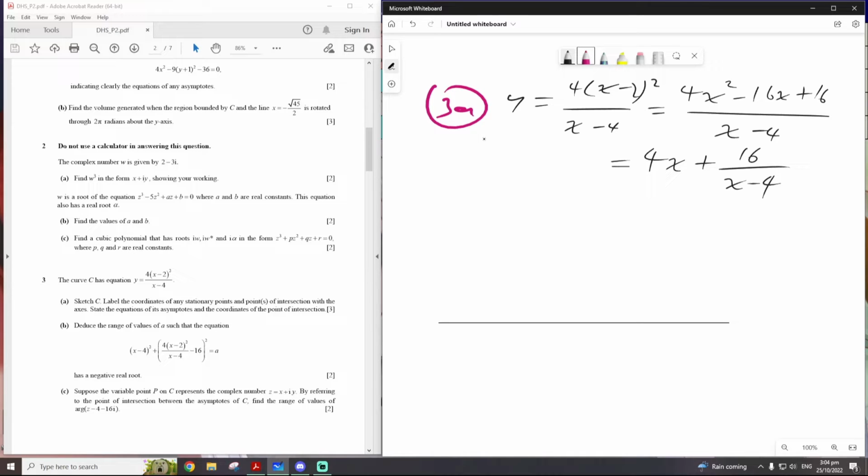So we're going to center the graph about x equals 4, but we're going to use a 2:1 scale because it's quite big to draw 4x on one graph. So let's see what that looks like.